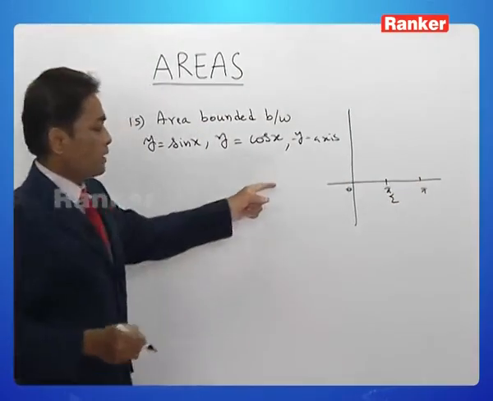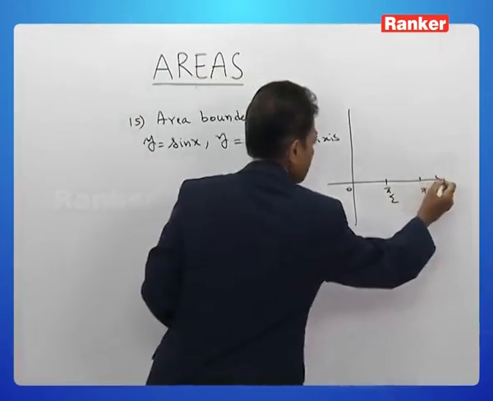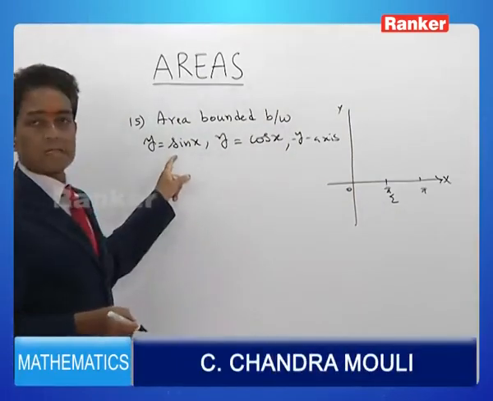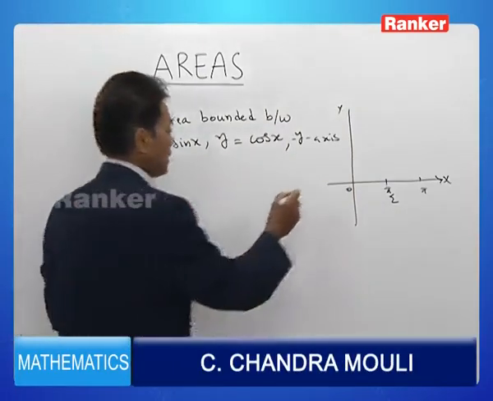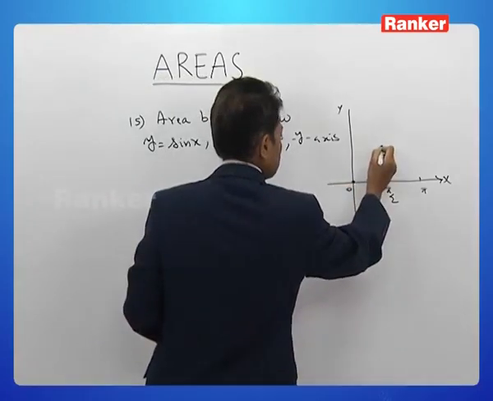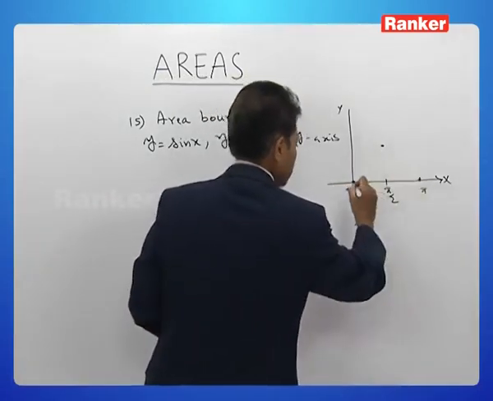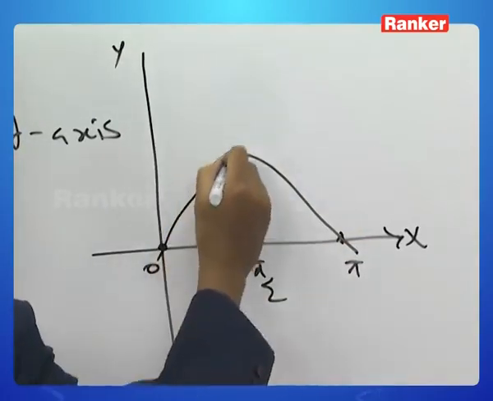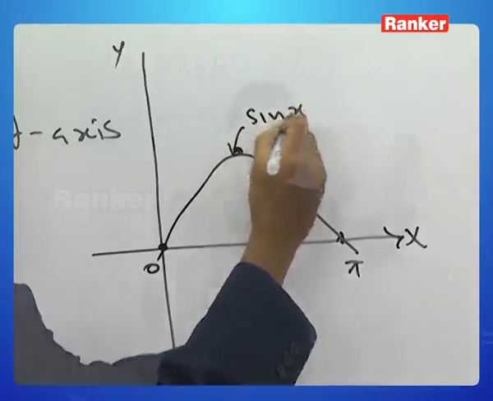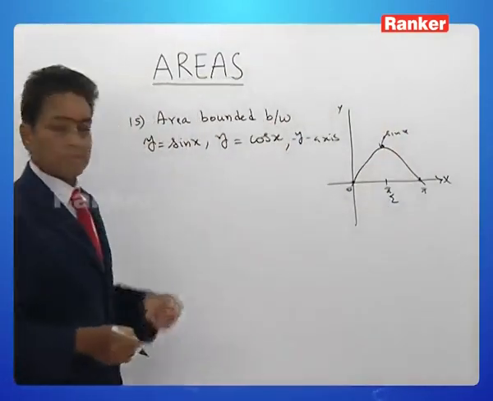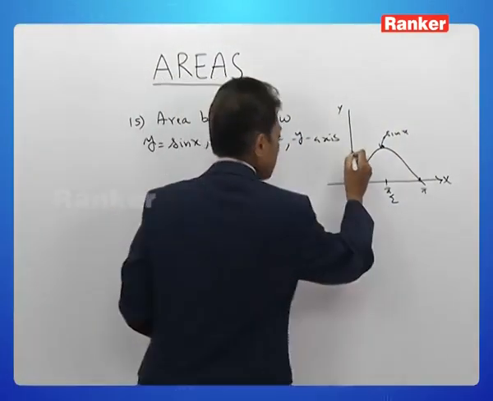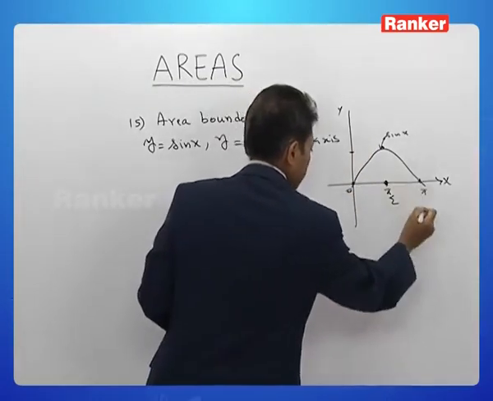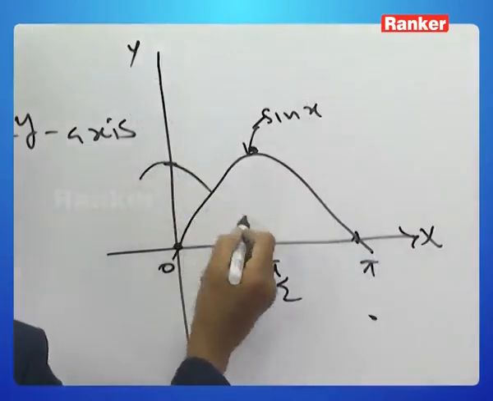So let us take the origin, x axis, y axis. I am taking up to pi. So let us try to draw the sin x curve. Sin 0 is 0, sin 90 is 1, sin 180 is 0. So this is sin graph, sin x. Now cos x, cos 0 is 1, cos 90 is 0, cos 180 is minus 1. So cos curve is like this.